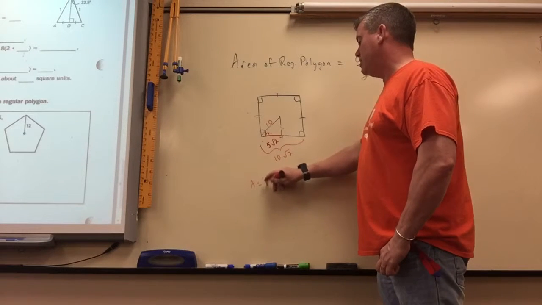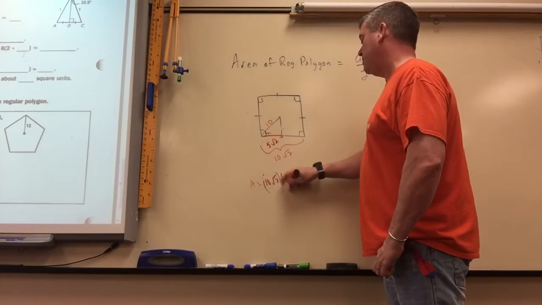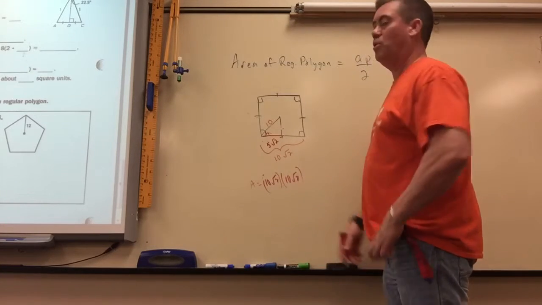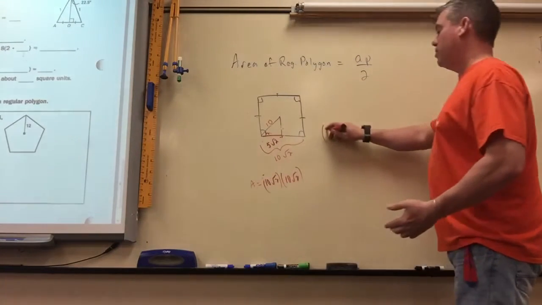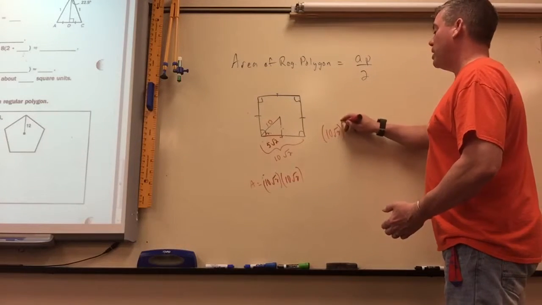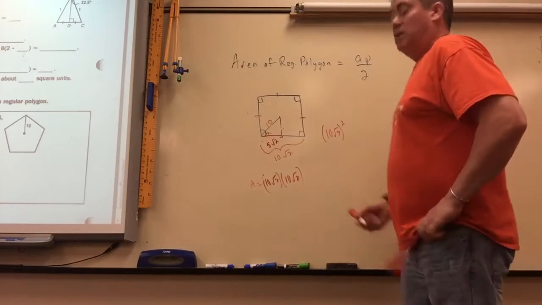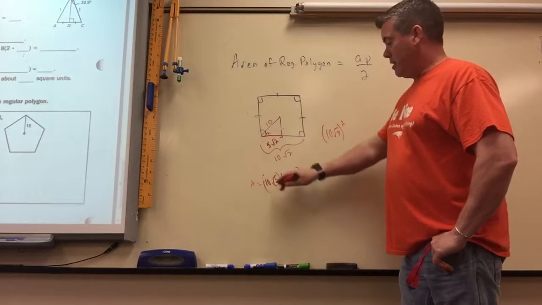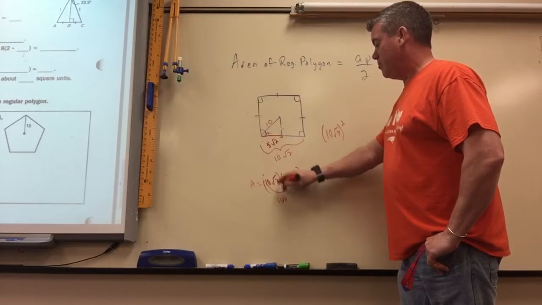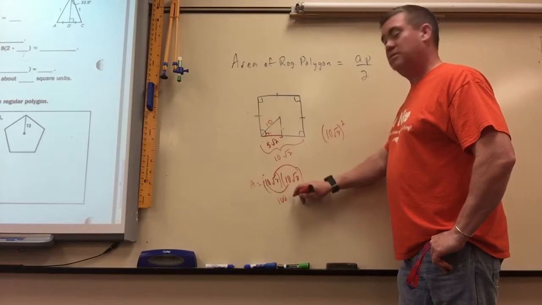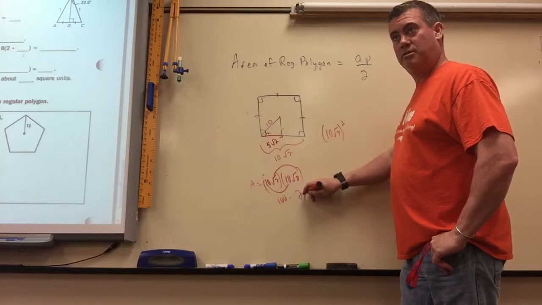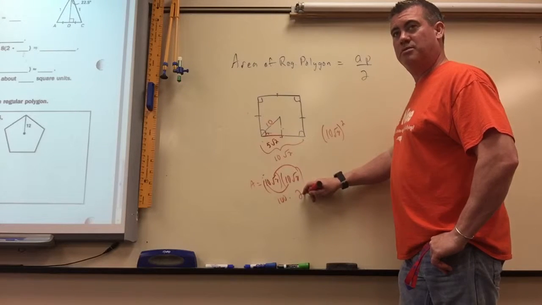So to find the area, you take 10 square roots of 2 times 10 square roots of 2, or you can put it in the calculator, parenthesis 10 square roots of 2 squared. When you do this without a calculator, 10 times 10 is 100. Square root of 2 times the square root of 2 is square root of 4, which is 2.